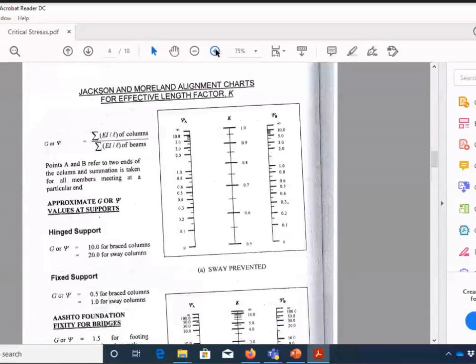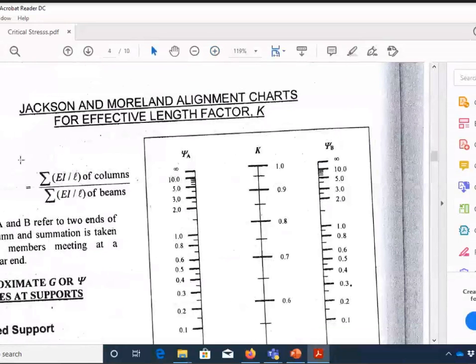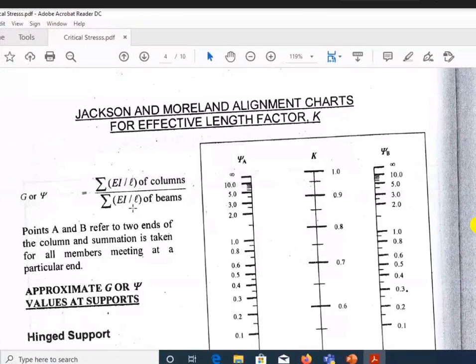So if you want to compute the kx value, the effective length factor about the x-axis, in this formula you're supposed to use the moment of inertia Ix about the x-axis, both for the column and for the beam. And similarly, if you want to compute the effective length factor about the y-axis, you're supposed to use the Iy value, the moment of inertia about the y-axis for the columns and also the moment of inertia of beams about the y-axis. So this could be one case.